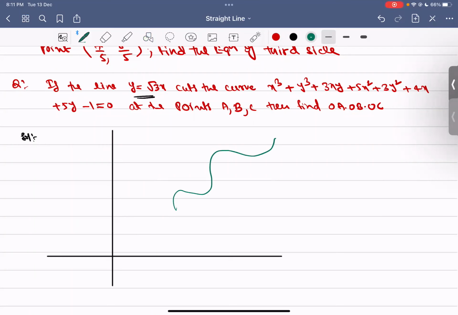Suppose the line passes through the origin. The line y is equal to root 3x intersects the curve at A, B, C. Suppose this is the line y is equal to root 3x, and the curve is like this.